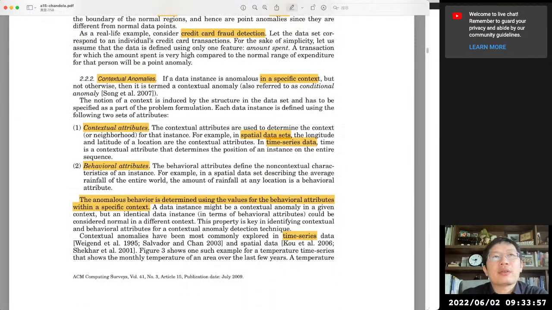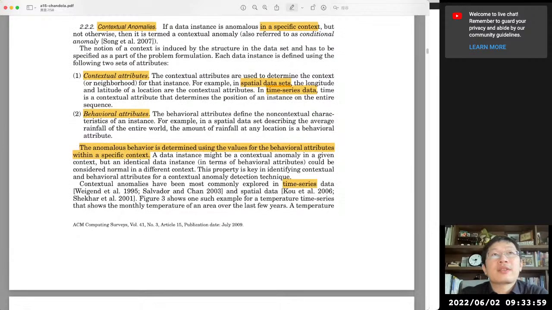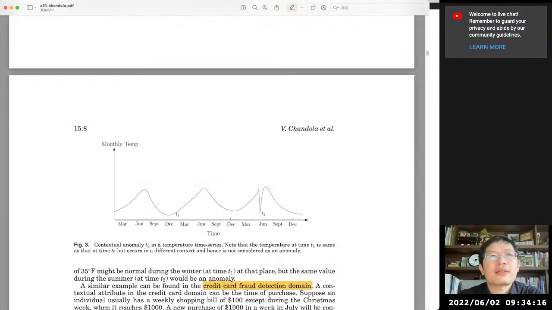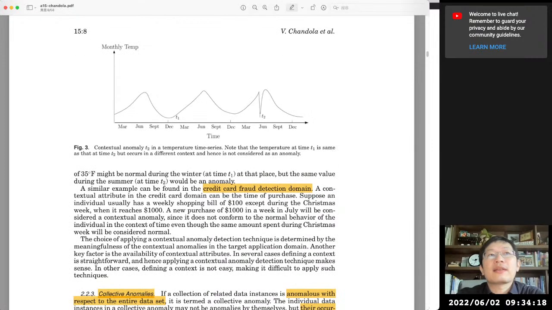But here we have another type of anomaly which is called contextual anomalies. It means the data instance is anomalous in a specific context. Let's take a look. I think the example is quite clear. So let's take a look at figure 3.